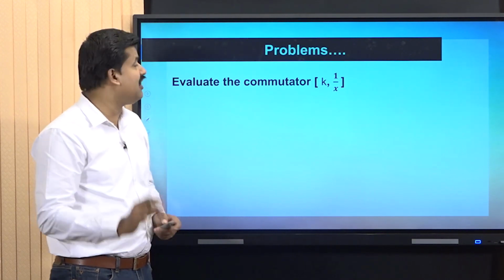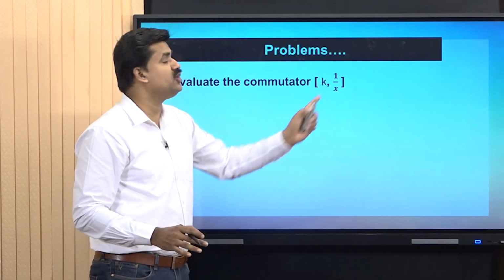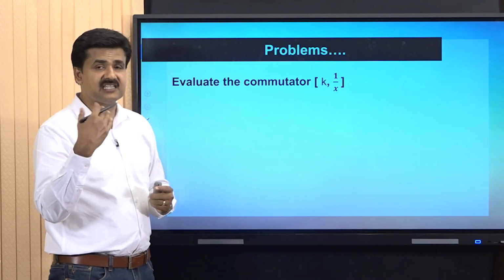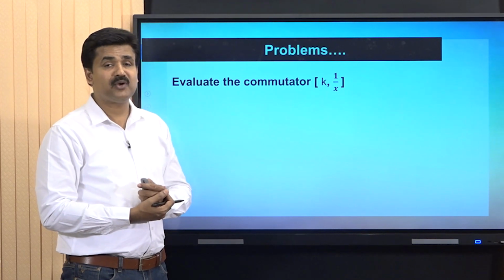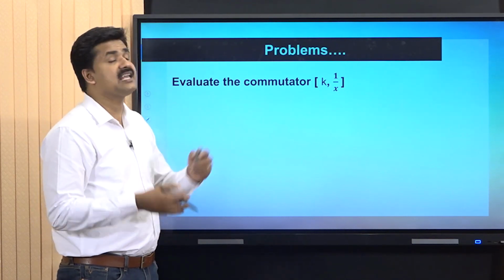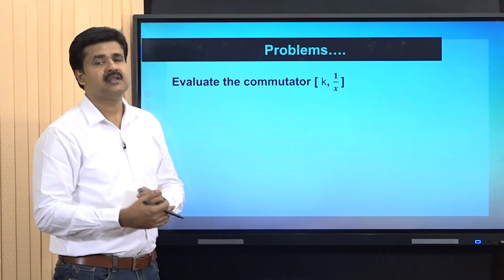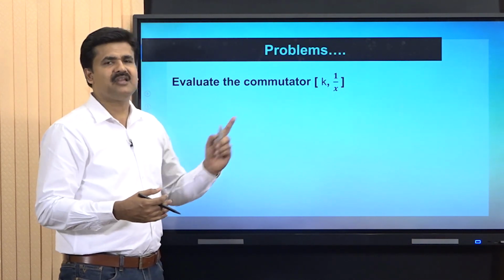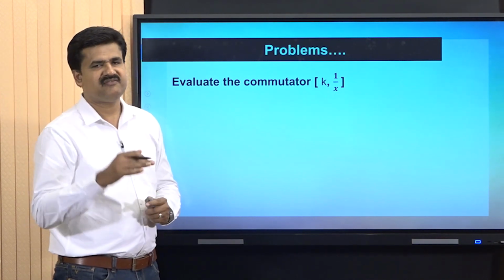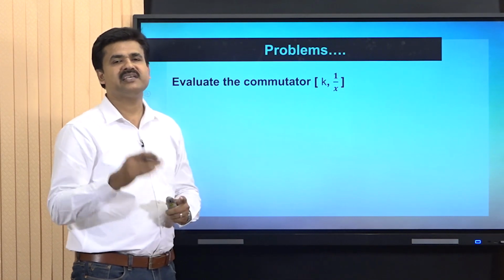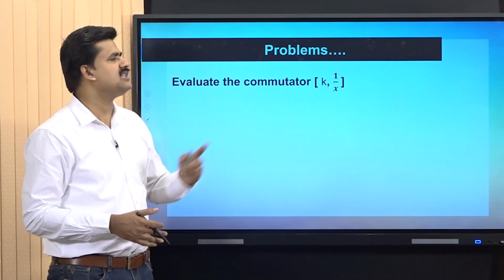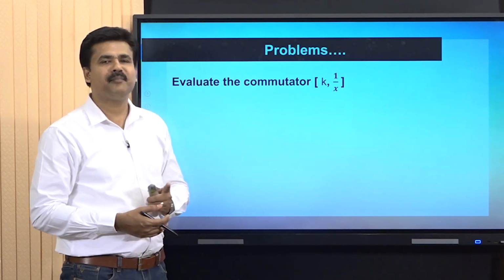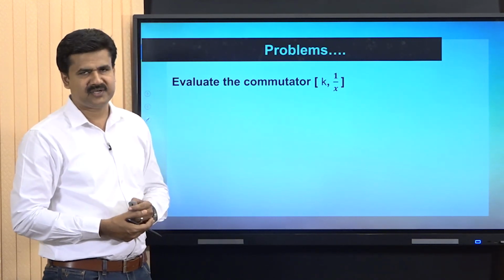We have to evaluate the commutator of K and 1 by X. After the evaluation, we are able to predict whether K and 1 by X commute or not. How can we predict the commuting property? If the commutator evaluated is equal to 0, we can say that K and 1 by X commute with each other. If not equal to 0, they are non-commuting. We are going to check whether they commute or not by evaluating the commutator.